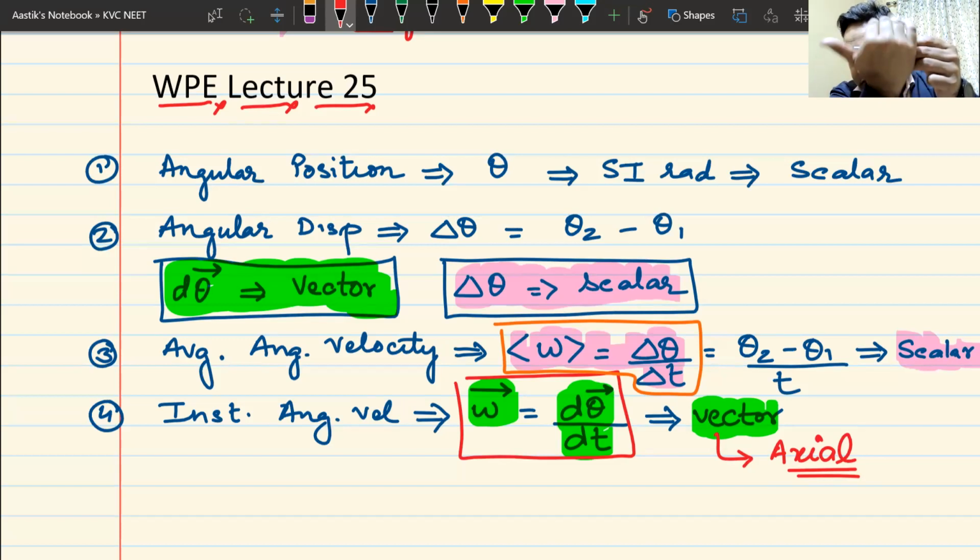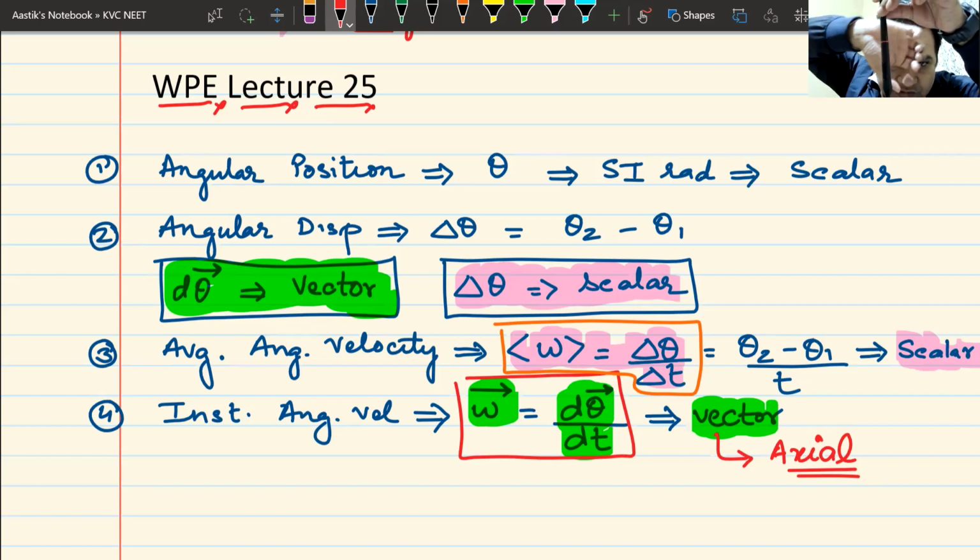That will give you the direction of rotation. This is how things rotate on positive x, this is how they rotate on negative x, this is how they rotate on positive y, and this is how they rotate on negative y.